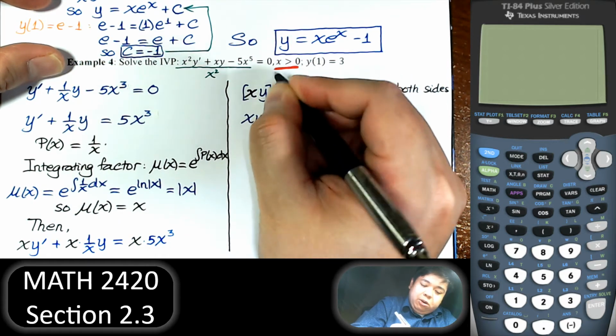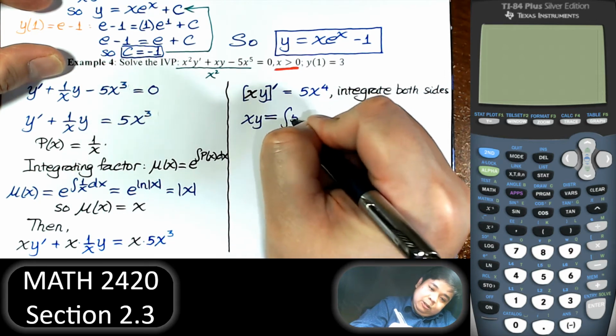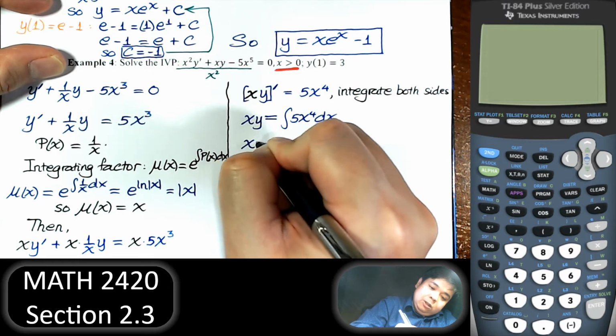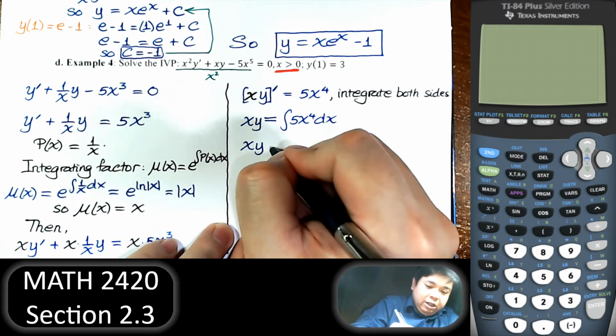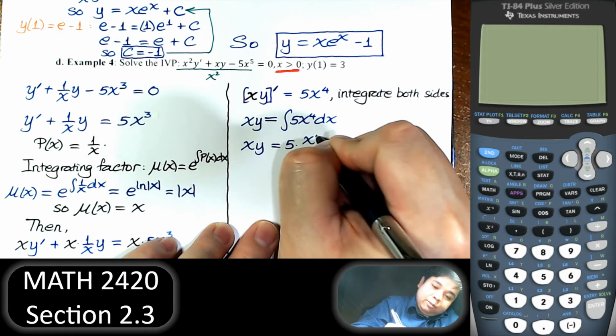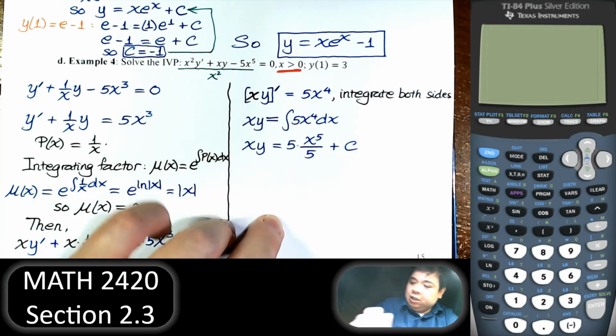Yeah, integral, get rid of the derivative. So have x y equal to 5x to the 5th over 5 plus c.